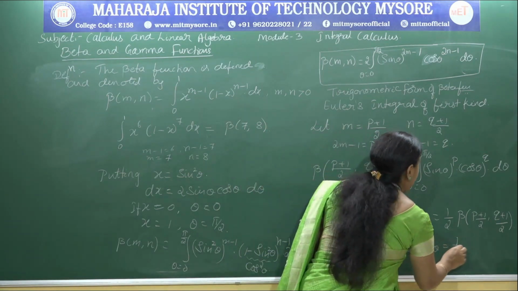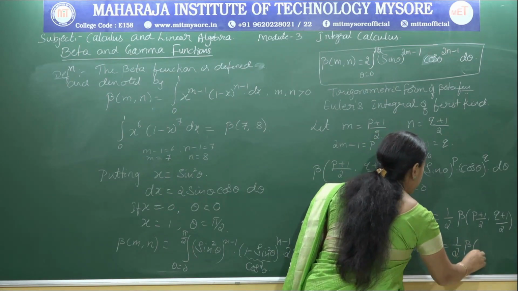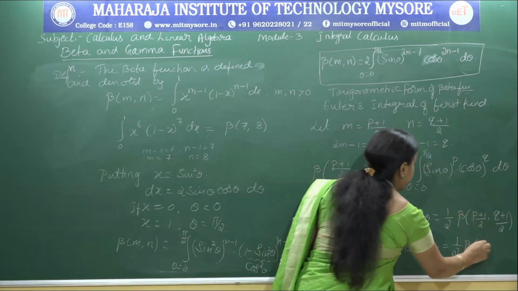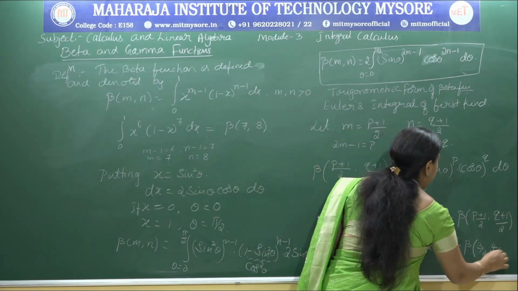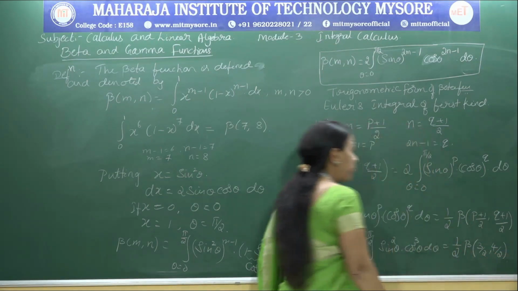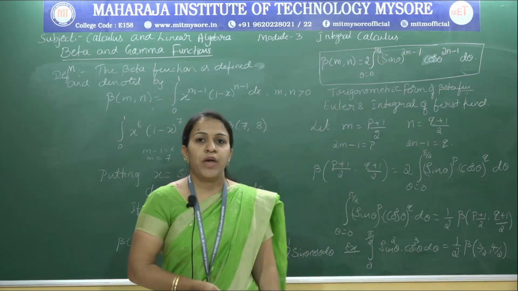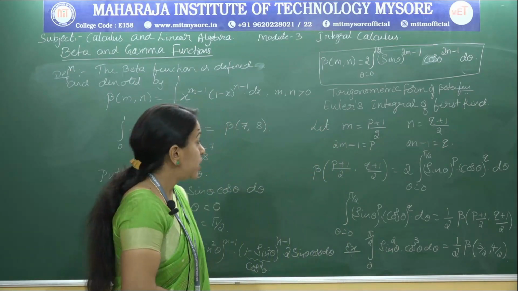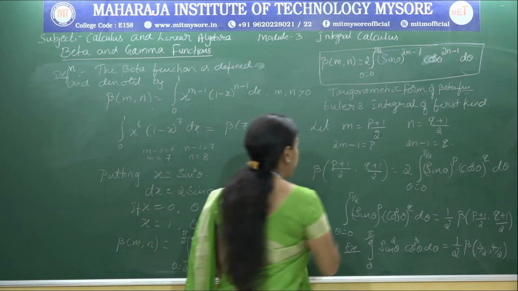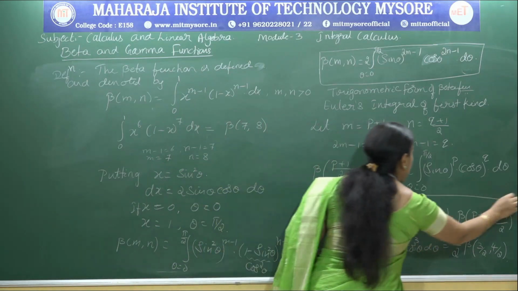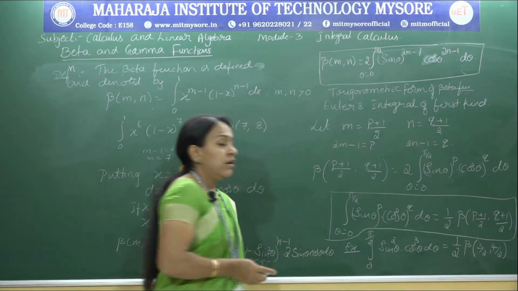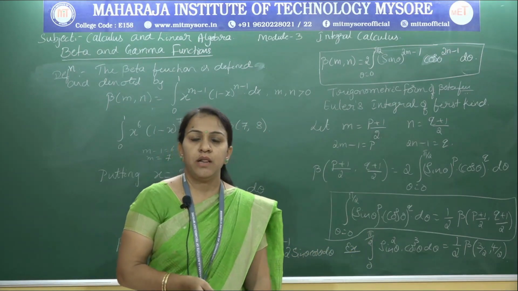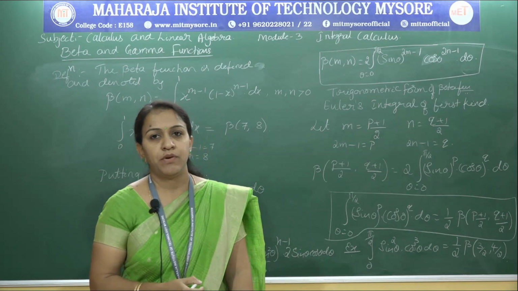So it is nothing but 1 by 2 times beta of 2 plus 1, 3 by 2, comma 3 plus 1, 4 by 2, which is 2. So this is the way I can reduce the trigonometric form of the beta function to another form, so that I can solve the given definite integral easily using the beta function.